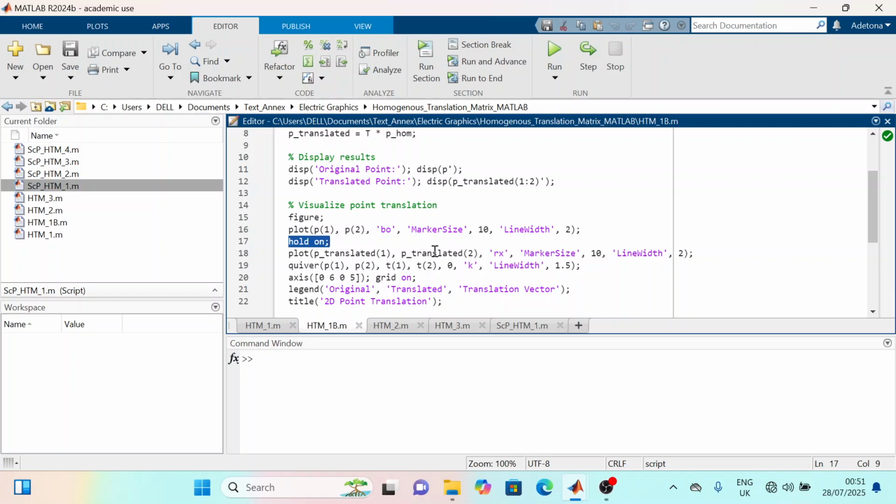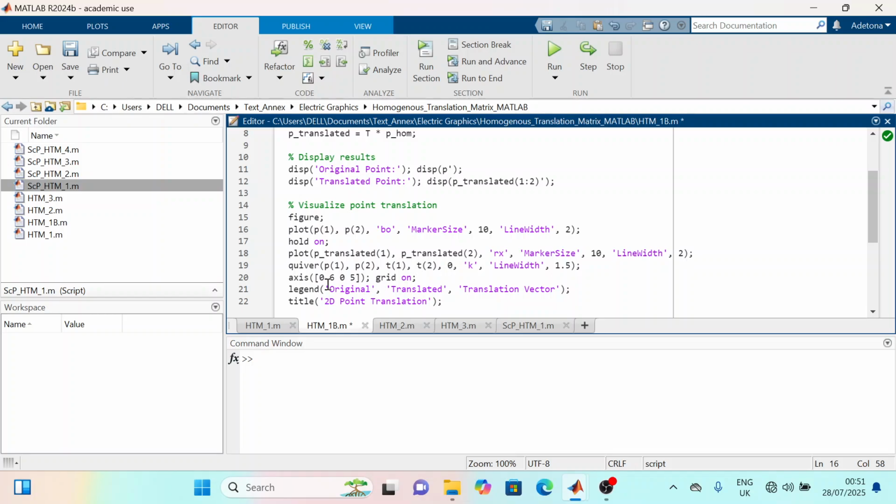Here we are making use of a red color to represent it, and the marker that we are using is X, and the size of that marker is the marker size. Then the thickness of the X is going to be a line width of 2.